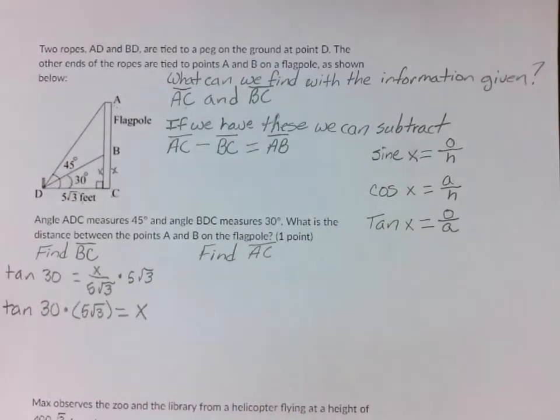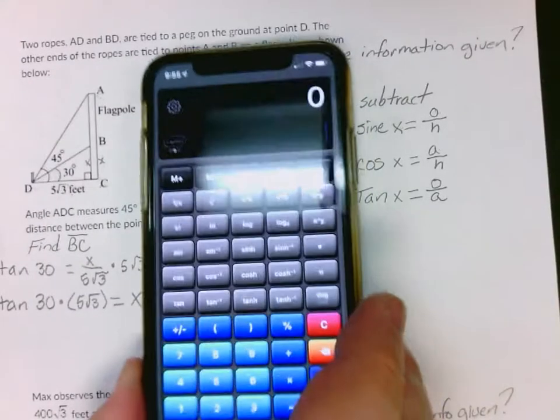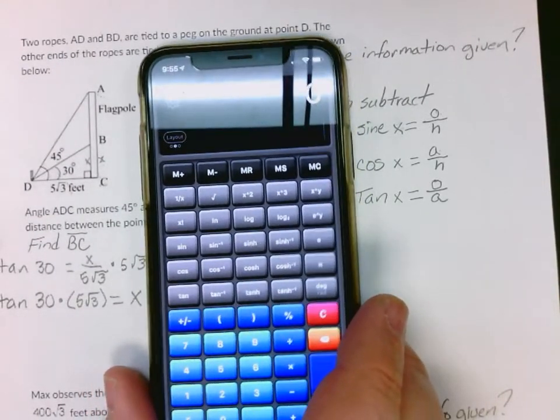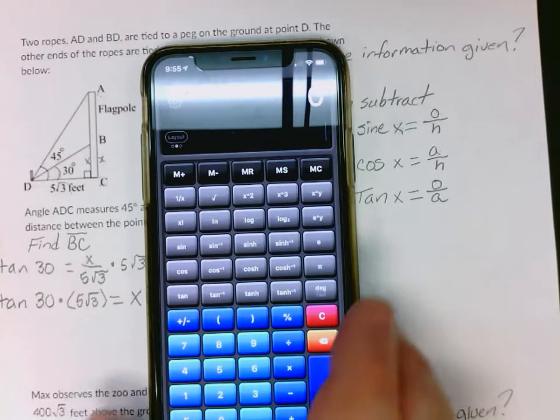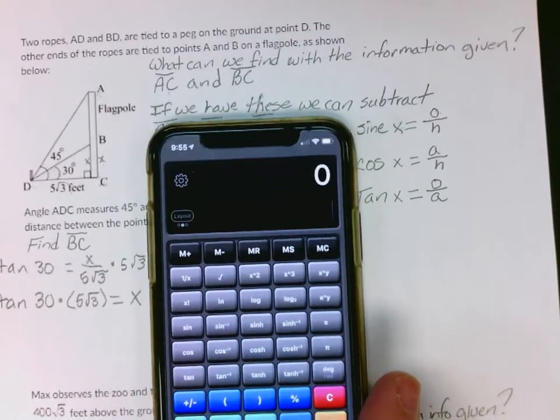Okay, so now you go to your calculator. Let me get my calculator here real quick, so I want you guys to be able to see it. There's a bit of glare, so let me see if I move that down a little bit. Maybe that's better.